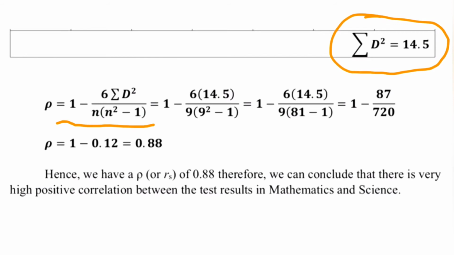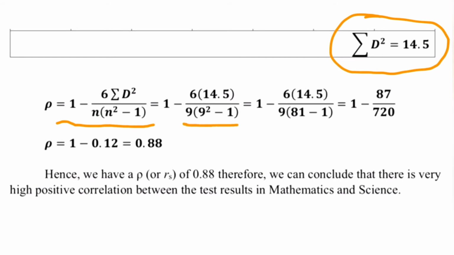Let us substitute: 1 minus 6 times 14.5, which is our d squared, all over 9, from our n, since there are 9 students, 9 ordered pairs, and then substitute 9 squared minus 1.